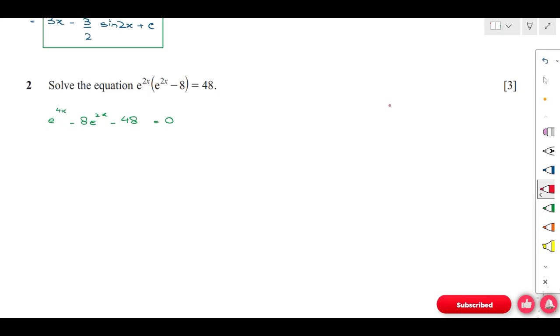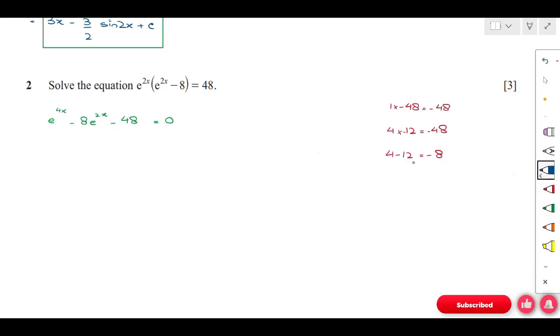So 1 times minus 48 is equal to minus 48. Now we need to figure out the factors of 48 such that when you add or subtract them, the answer should be negative 8. We can do 4 times 12 is 48, and 4 times minus 12 is minus 48, and when you do 4 minus 12, that is equal to negative 8.